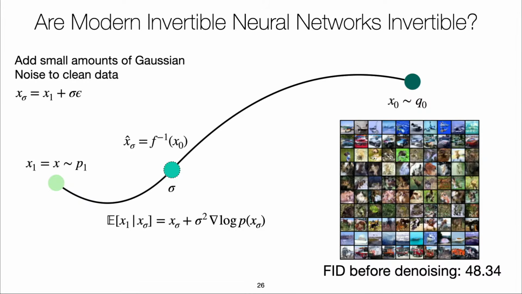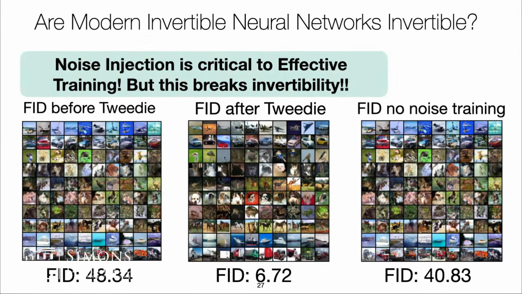But if you do this trick to train these normalizing flows, you're breaking this key tenet, which is that they're no longer invertible because this is a many-to-one map. And in fact, if you don't do this step, let me show you what happens. You don't actually get good FID at all. So here's an example on the rightmost plot, where you just train on the raw pixel values without adding a little bit of Gaussian noise.